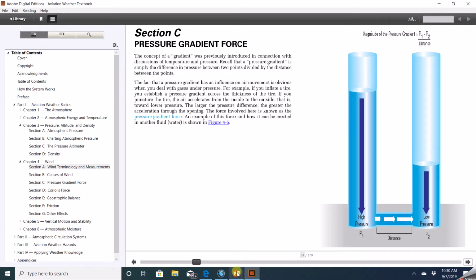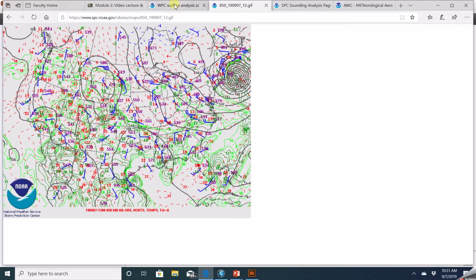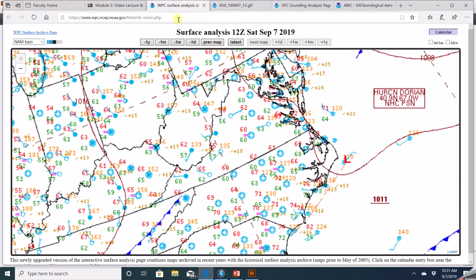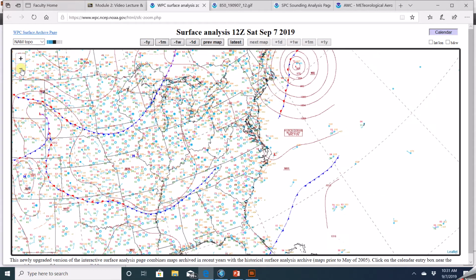So say I were to look at a weather map today. Let's just look at a surface analysis. See all these contours? All these isobars right here around what's left of Dorian? The closer they are together, the more pressure gradient force.